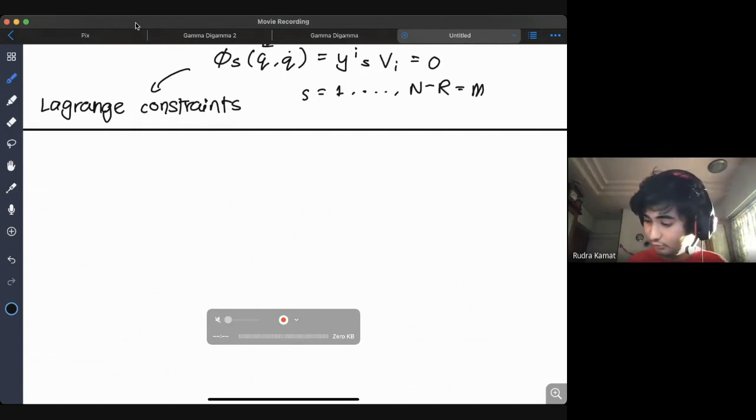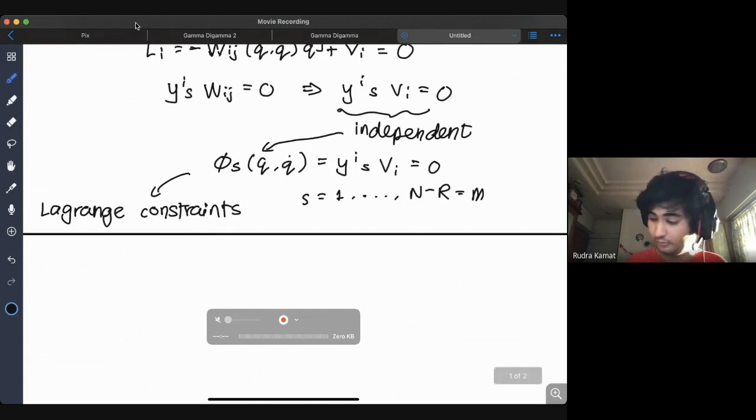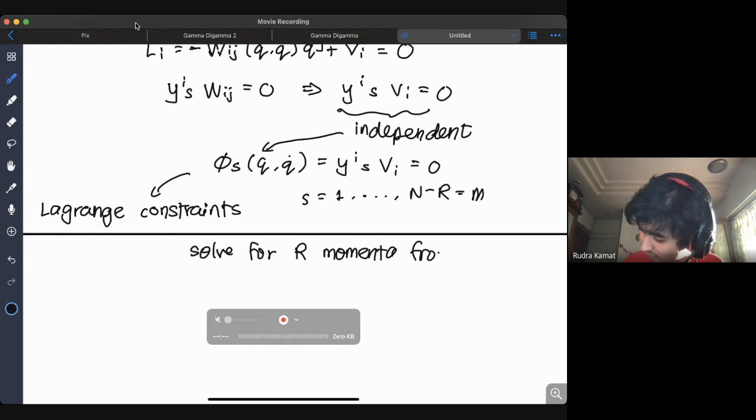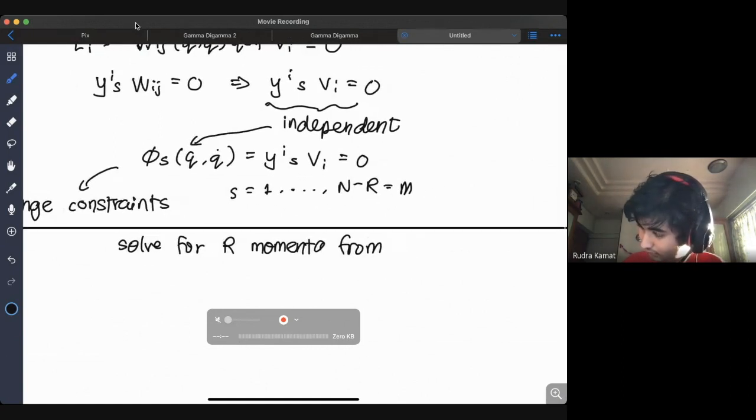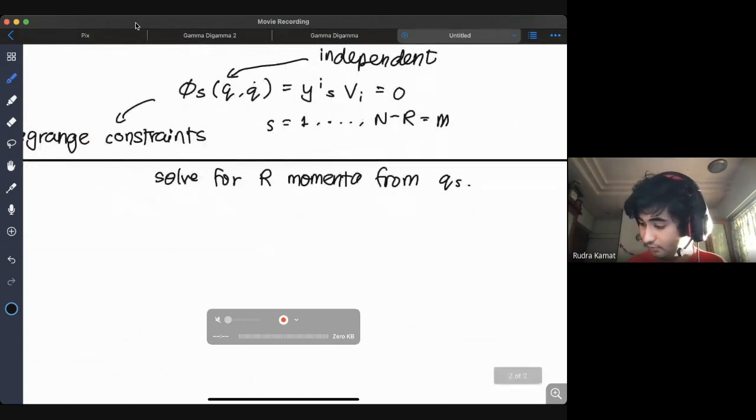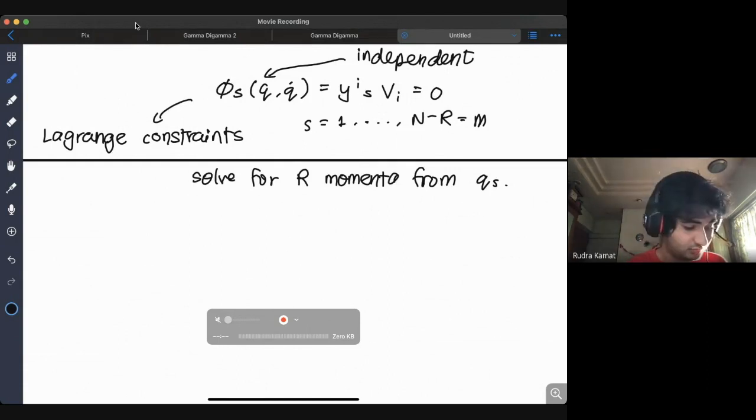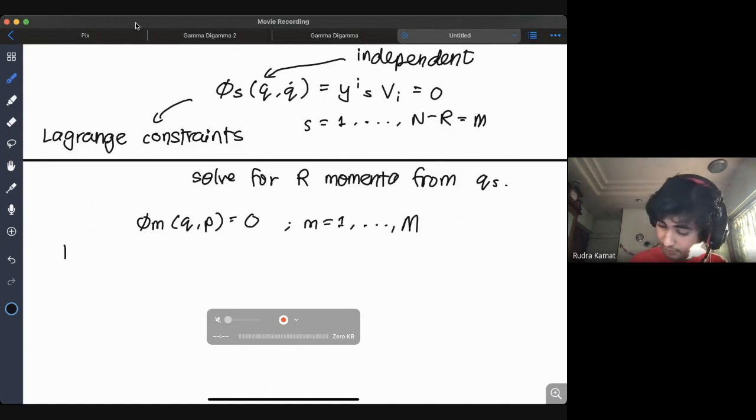Now for the Hamiltonian formalism: once we have Lagrange constraints, if you want to build off the Lagrangian formalism, you can solve for those r momenta from the velocities, the ones you can solve for because the rank is r, and plug them into the Lagrange constraints, so that you get constraints phi_m of q comma p, where p are the momenta you could solve for, where m goes from 1 to capital M. These are called primary constraints. So let me just denote that this is the Hamiltonian formalism.